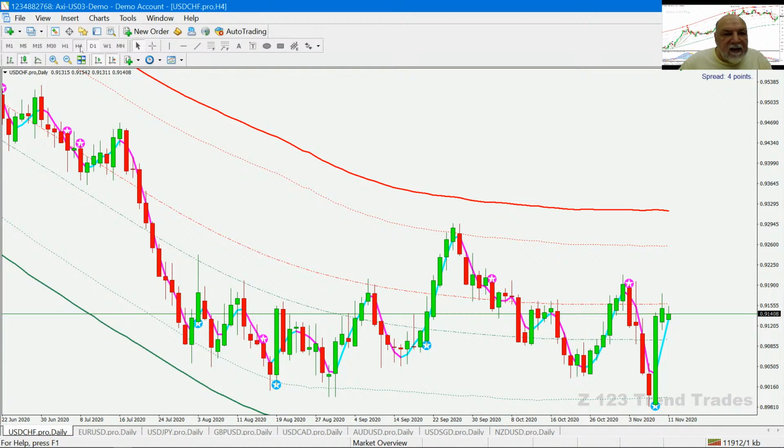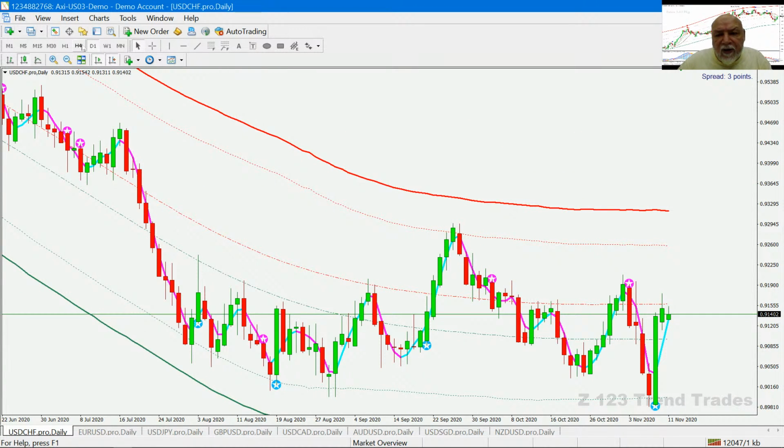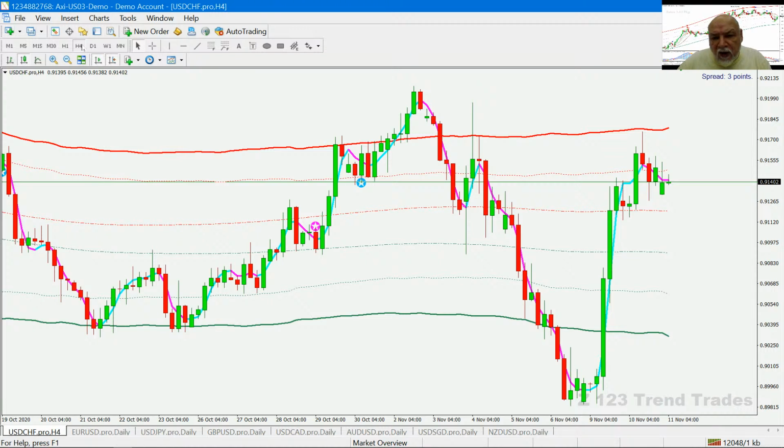It's taking a little time because of the streaming. All right, so here is a 4-hour. Sometimes when you switch charts, you'll get these unusual jumps in the chart. To get rid of those, just go to a higher time frame. So we go back to the daily and then back to the 4-hour, and you can see it was all smoothed out.